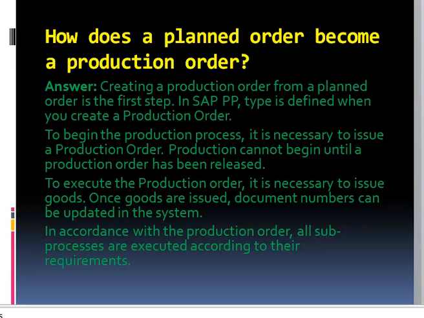Production cannot begin until a production order has been released. To execute the production order, it is necessary to issue goods. Once goods are issued, document numbers can be updated in the system. In accordance with the production order, all sub-processes are executed according to their requirements.